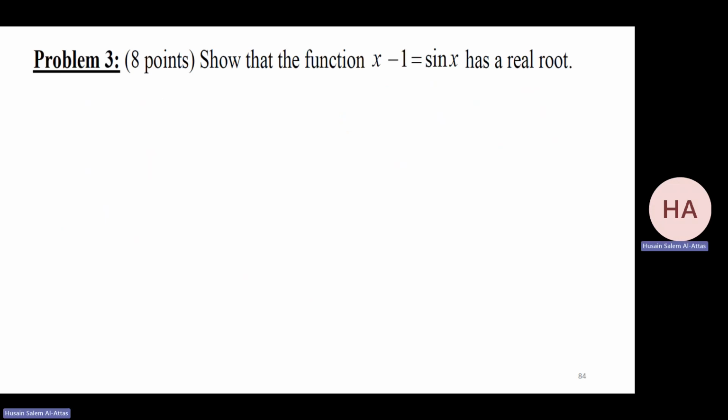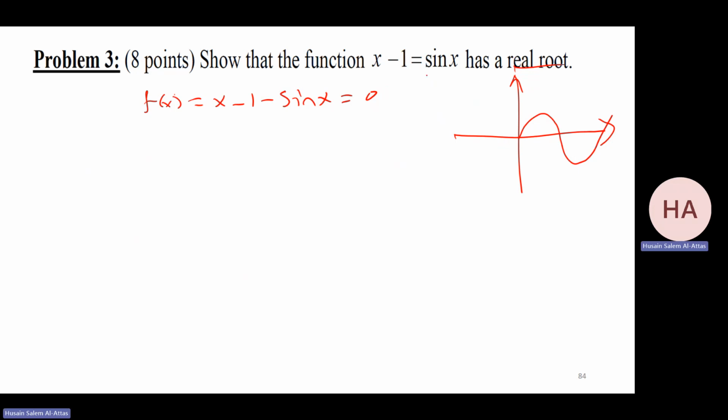Show that the function f(x) = x minus 1 minus sine x equals 0 has a root. He did not give me any number. You can think of it by graph. This is sine x and this is x minus 1. At 0, it's minus 1, and at 1, it's 0. So we'll take a value between 0 and, say, 4; pi is 3.